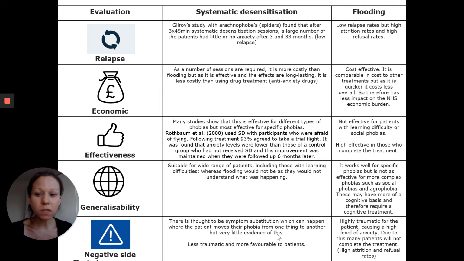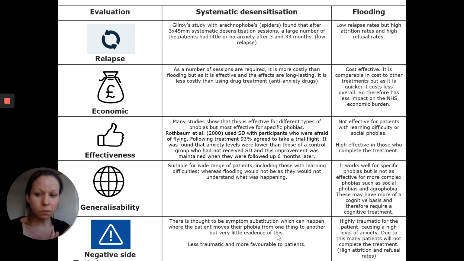But what we found in a small number of patients is when they've had one of these treatments, could be flooding, could be systematic desensitization, they're over their phobia of, let's say, it's snakes, but they later develop a phobia of something else. So it's almost like they've substituted one phobia for another. So it's not really solving a problem. And we think that that might occur, but there is very little evidence, and you'd need to recognise that if you were using that as an evaluation point in a question.